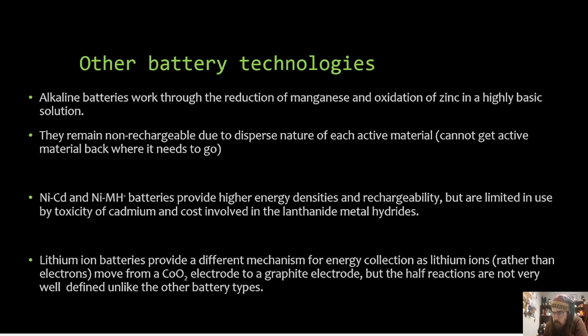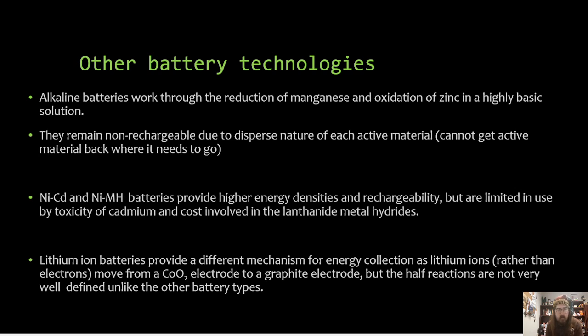Those lead sulfate crystals help with the rechargeability of the batteries, but with these guys, if it forms the product and the product floats to the bottom of the battery, you can't actually put it back on. If it floats away from the grid, you can't easily put it back where it needs to go. And so either the battery starts to explode or it sinks to the bottom, and basically you cannot get the energy back.